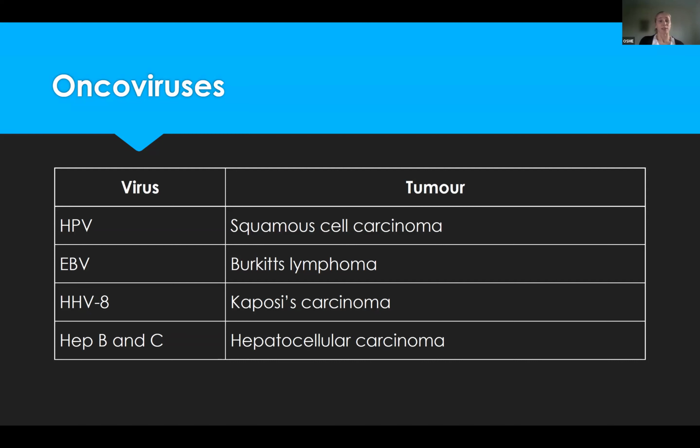Probably the best known one overall is the human papillomavirus, and the squamous cell carcinoma potentially, in the context of cervical cancer. You may know that we are now being really, really successful at preventing squamous cell carcinoma with the Gardasil vaccine.